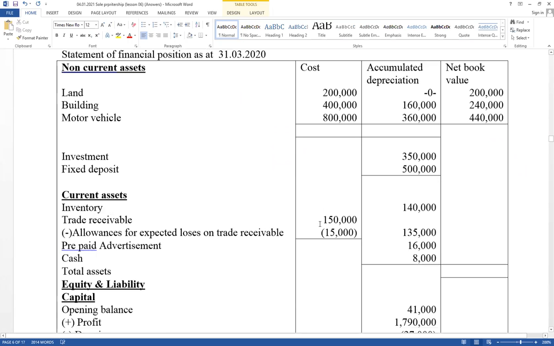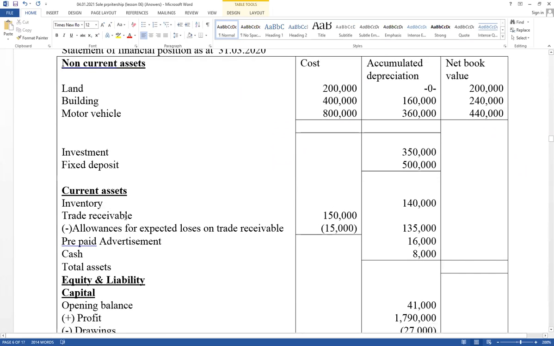Think about trade receivable, this one very important. Trade receivable minus allowances for expected losses. Net value should be included second column. And prepaid advertisement expense it has given. And cash balance. This is the current assets. Investment and fixed deposit should be included in between current and non-current. And then total asset can be calculated.